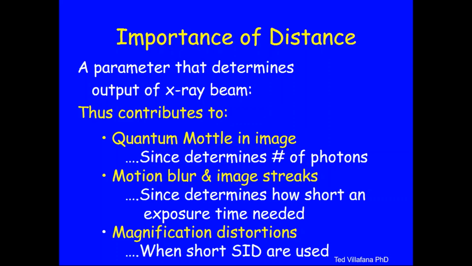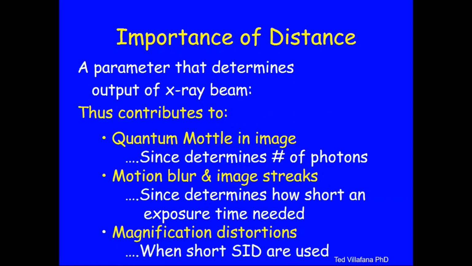But to overcome that noise, because you don't tolerate that noise, you have to then up the exposure time. And if you up the exposure time, then you are introducing the possibility of motion blur. And in digital systems like CT, you're going to increase the presence of image streak artifacts.